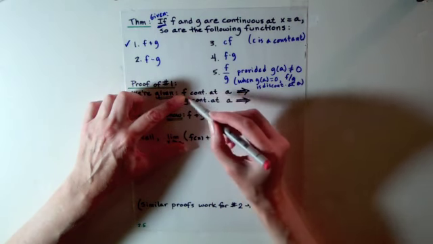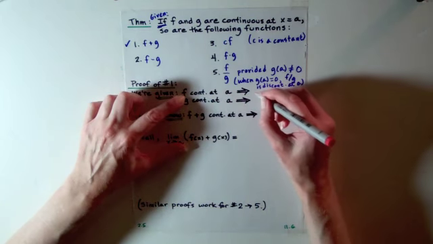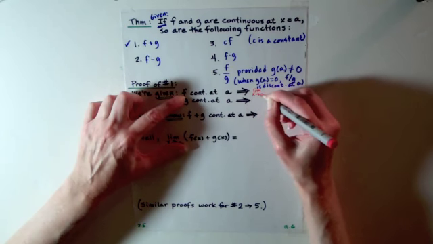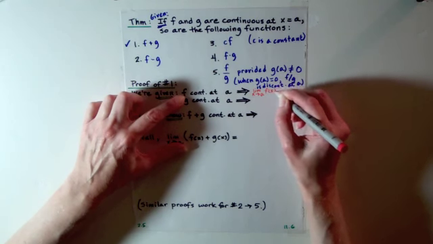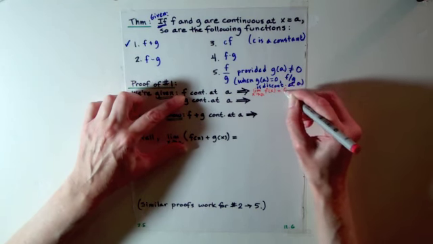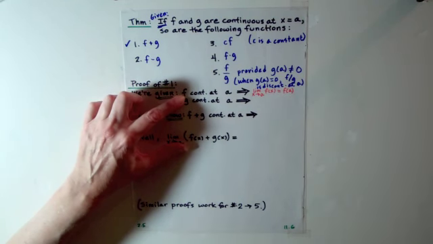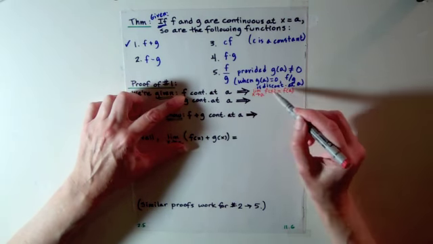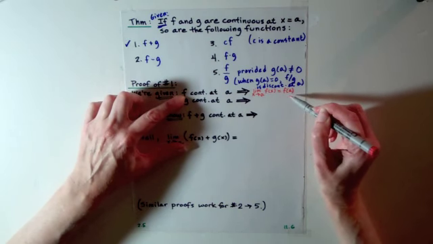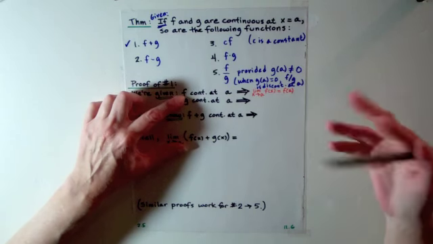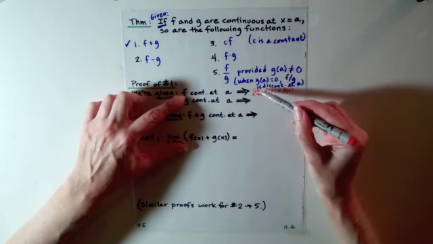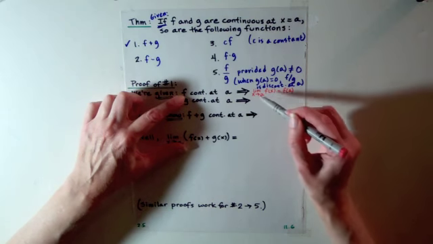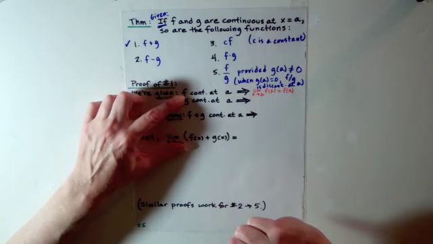Remember, our shorthand definition said f is continuous at a if the limit as x approaches a of f of x is equal to f of a. It really looks like the 3rd condition in our careful definition of continuity, but implied when I write this statement down is that f of a is defined, so what is over here on the right hand side is a number, so it's defined, and the limit as x approaches a of f of x exists, that's our condition 2, and that those 2 things are equal to each other, so that's our condition 3.